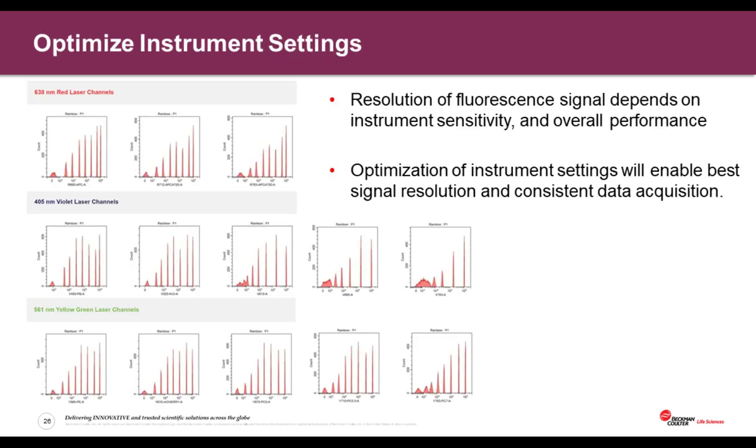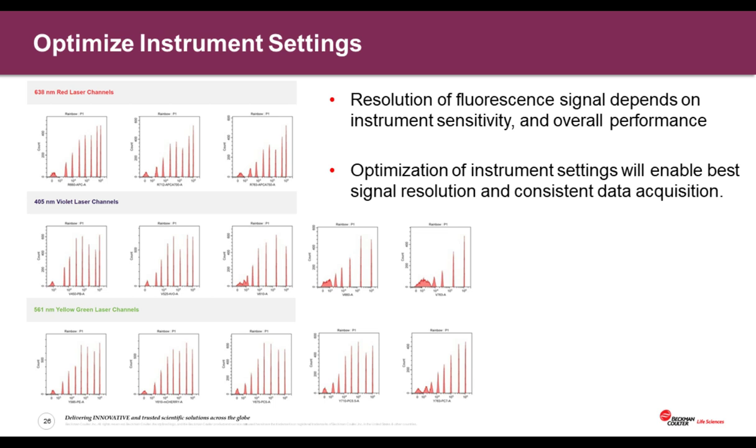In addition to what we talked about in terms of calibrating your instrument, it's important to optimize your instrument settings. What does this mean? It means that you inspect and understand the entire dynamic range of your instrument. You can easily do so by simply running your 8-peak beads and understanding the resolution of the fluorescent signals. It depends on instrument sensitivity and the overall performance.